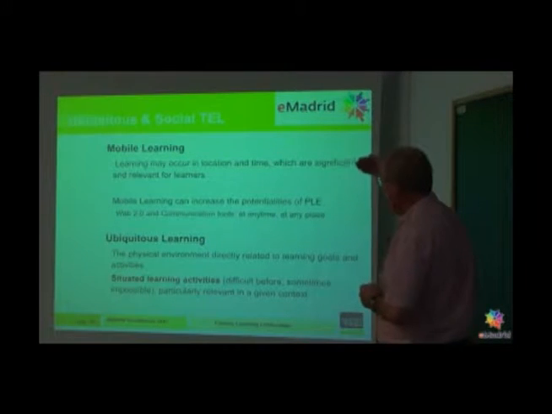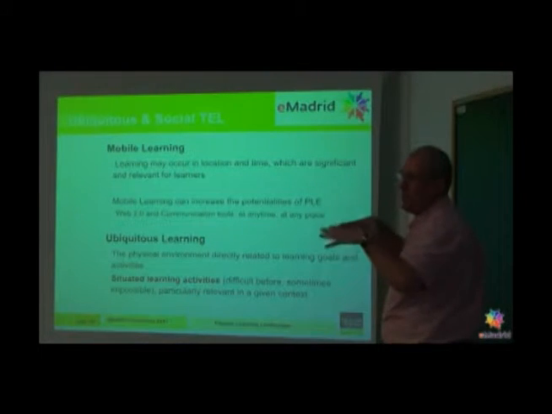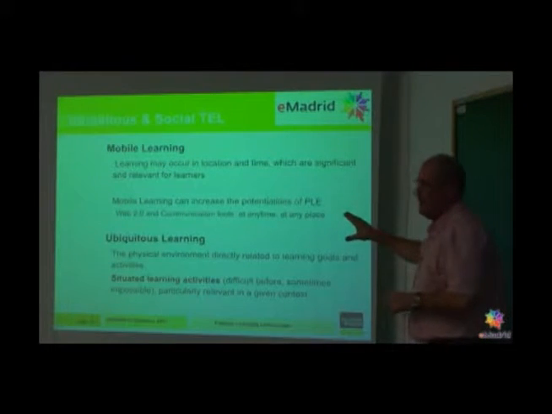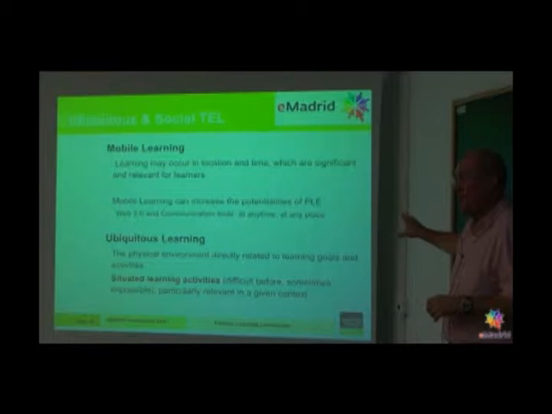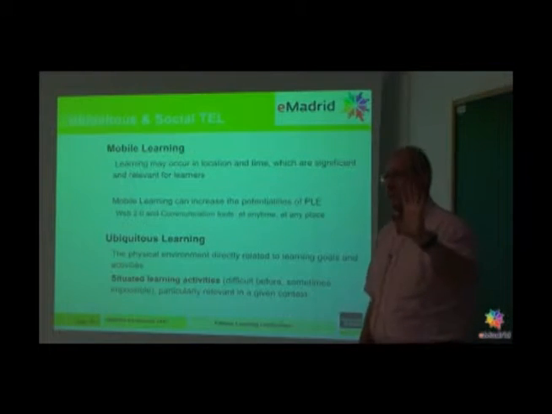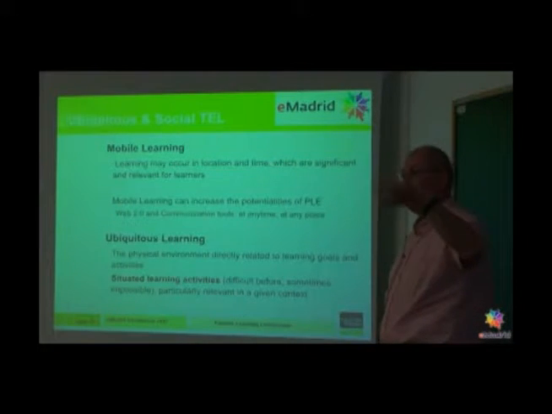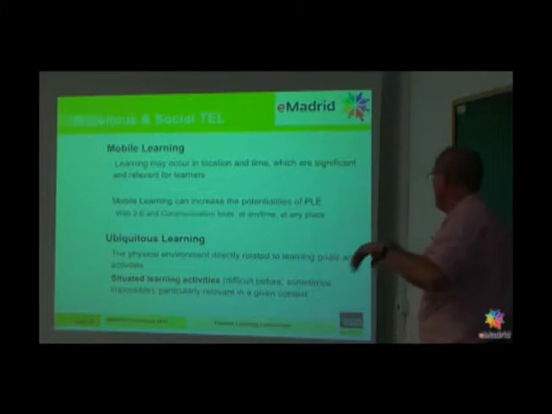And the main difference between, at an abstract level, of course, mobile learning and ubiquitous learning, the idea is that in ubiquitous or pervasive learning, you are able to capture the context. The context could be the location, could be the location of the different people in the groups. It could be also the time.